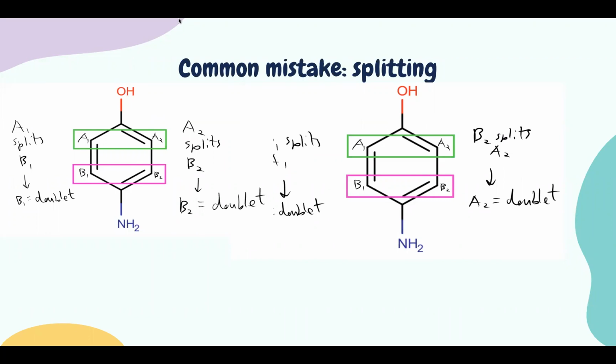When you're counting the splitting, A can also include the one in the B. So there are 2H in the A, and for the peak there will be 2 peaks, since there is only one H next to it.